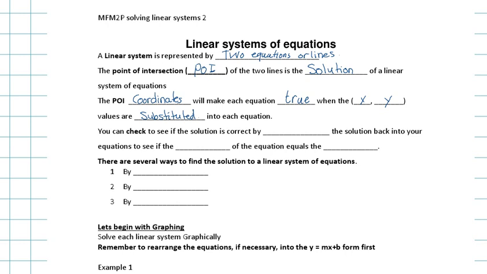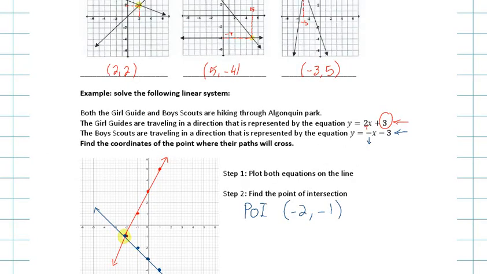Which means, if I go back to the previous question and I plug in the -2 for x and the -1 for y, I'm going to get left side equal to the right side. Same thing if I plug in -2 for x and -1 for y in the second equation. I'm going to show you.